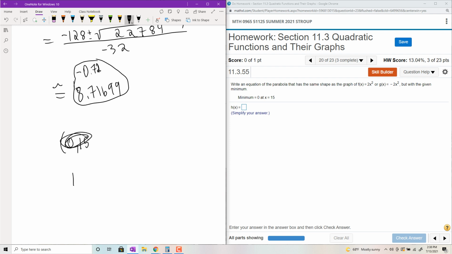It says the minimum is at x coordinate 15. The minimum is 0. Minimum means it's a happy face. So it has the same shape as the graph of x squared or negative 2x squared.